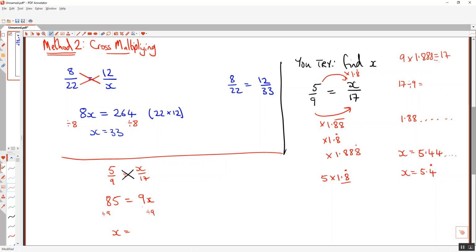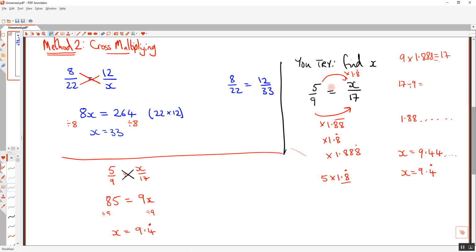Have I done something wrong then? 1.8 recurring times 5. Sorry, I wrote this down. This should be what number? It should be a 9. So it's 9x equals 9.4 recurring, with the little line or the little dot, and that's the same as what I got here.